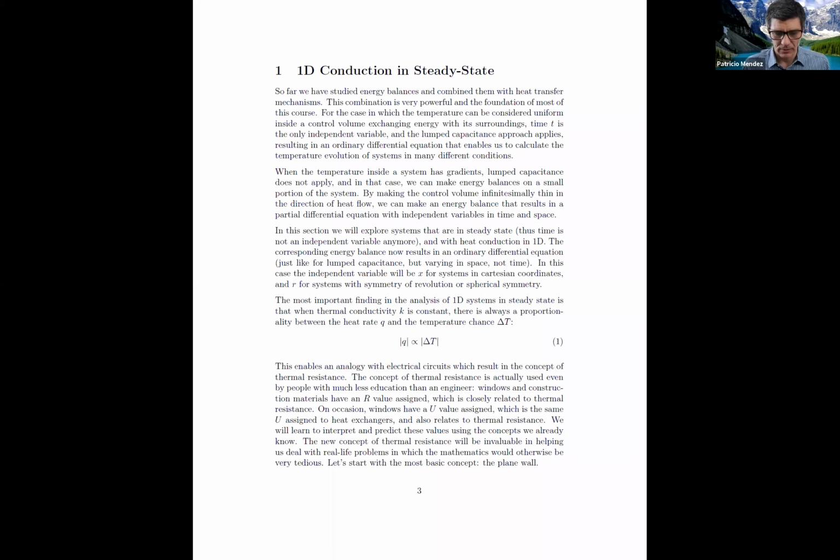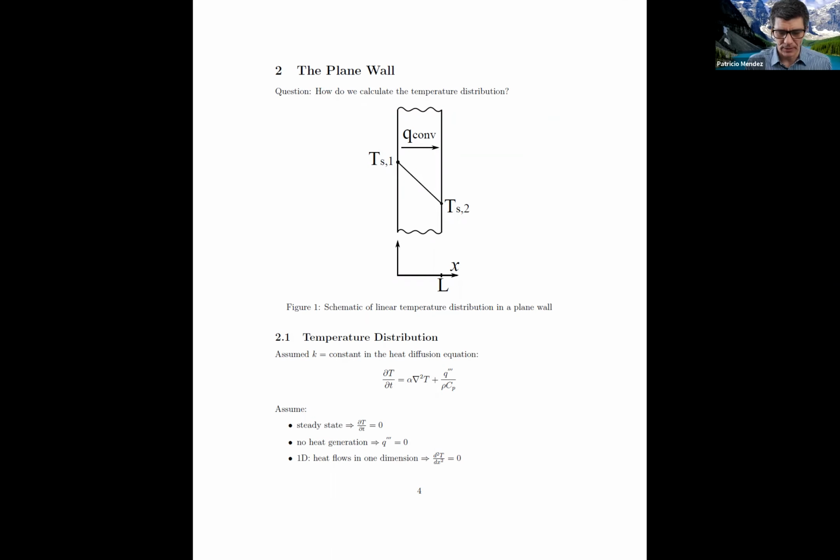So we looked at the case of a plain wall, and although the wall is 2D, because the heat goes just across the wall and not sideways in the wall, the heat transfer is 1D.